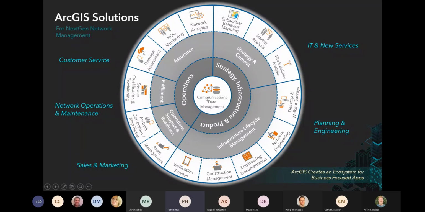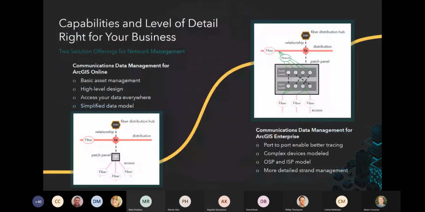And one of those key solutions that powers a lot of this is the communications data management solution. These are fairly new solutions that really provide that asset management and data management capability for communication networks. And we've got two flavors of this solution available for our users.